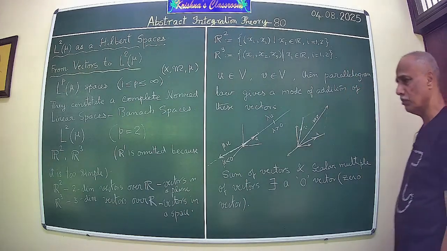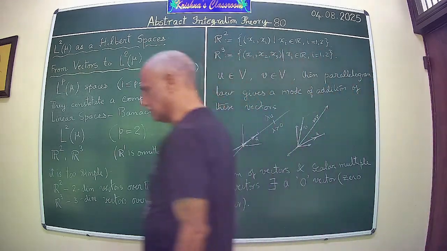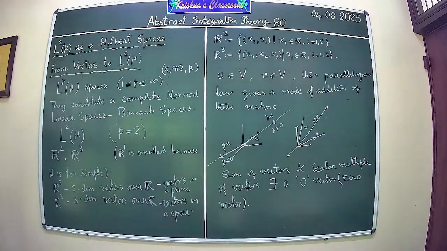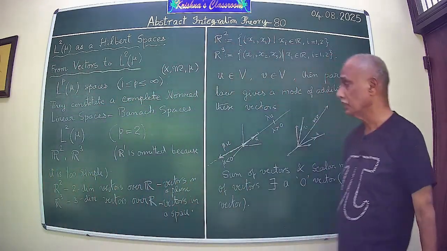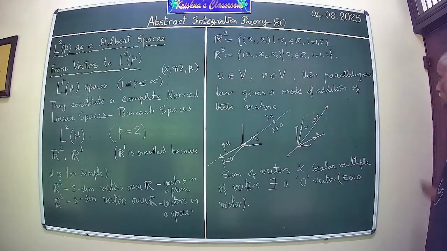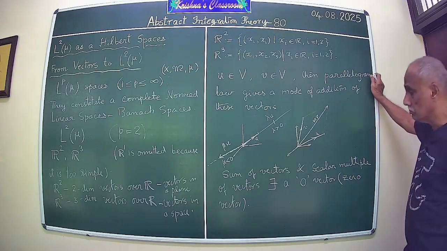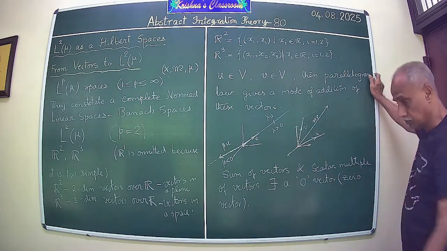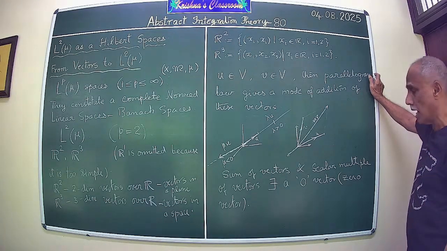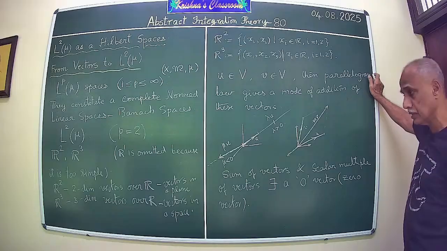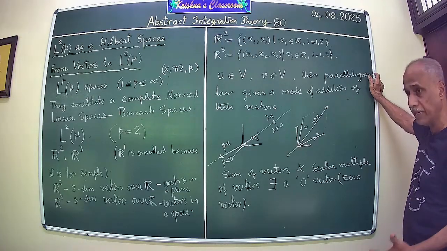Now, as is usually the case, mathematicians are not interested in the individual vectors, but in what are called the whole collection of vectors in R3, and the whole collection of vectors in R2, which are called the plane vectors.